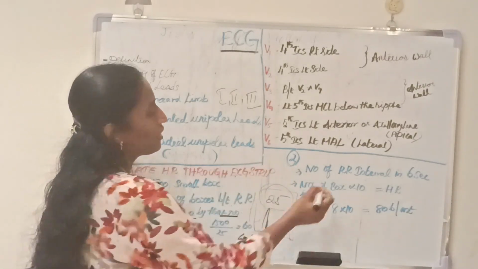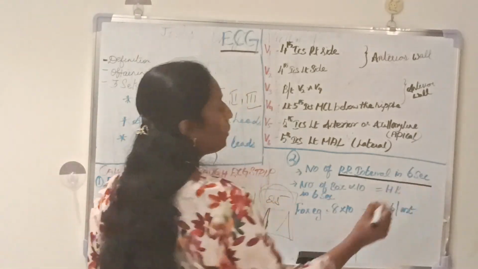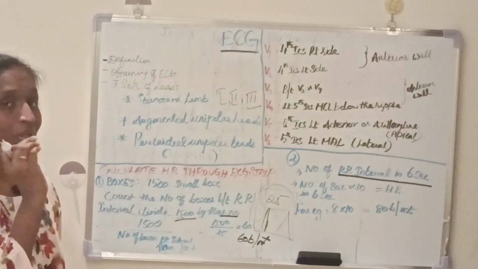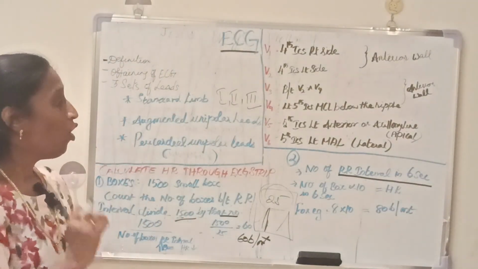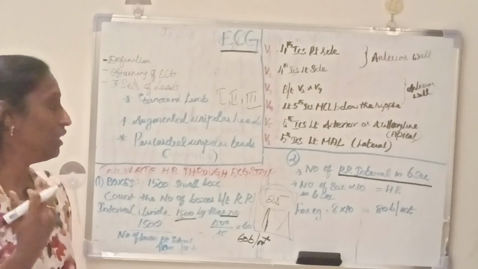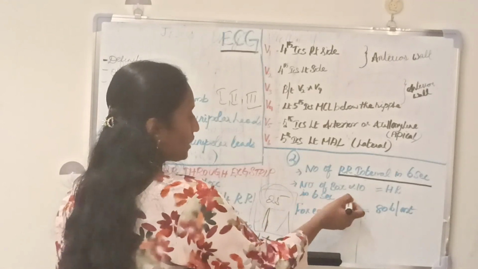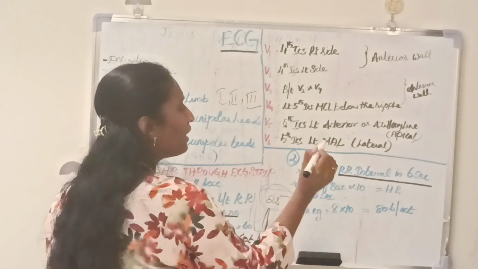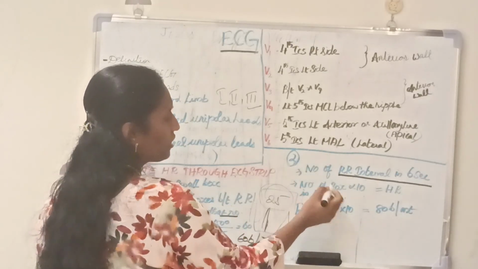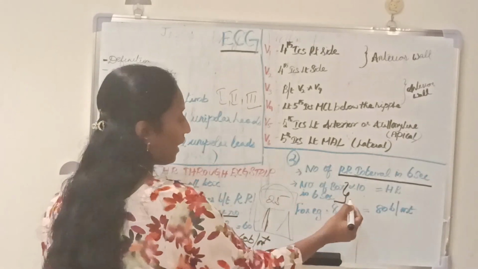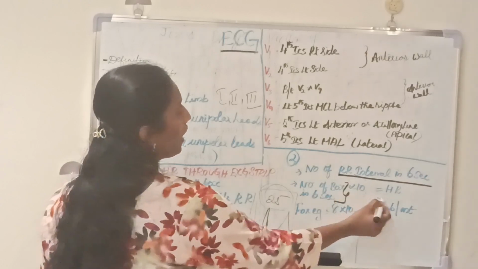The next method is the number of RR intervals in 6 seconds. Within the 6 seconds, count the number of RR intervals, and then multiply by 10 to get the heart rate.